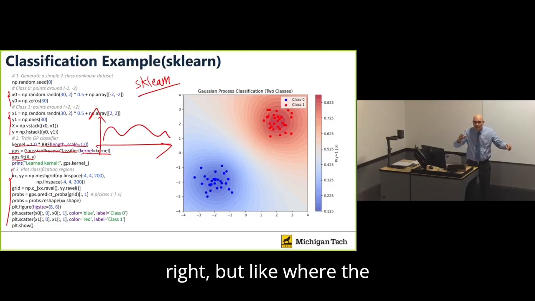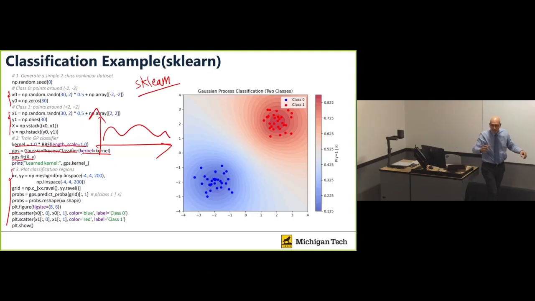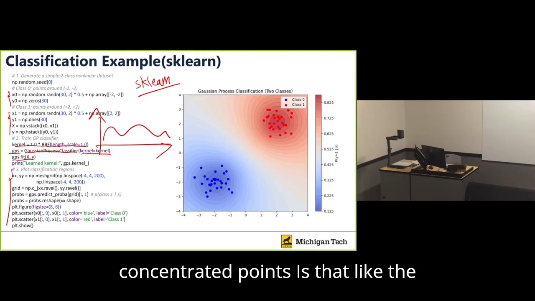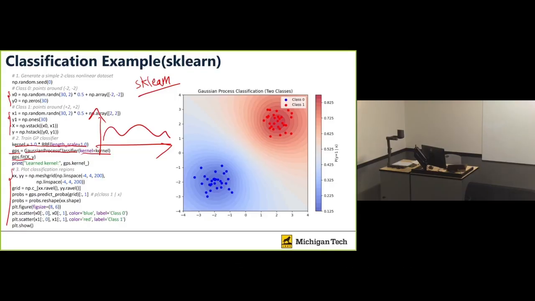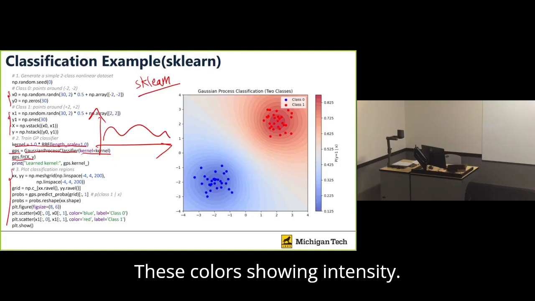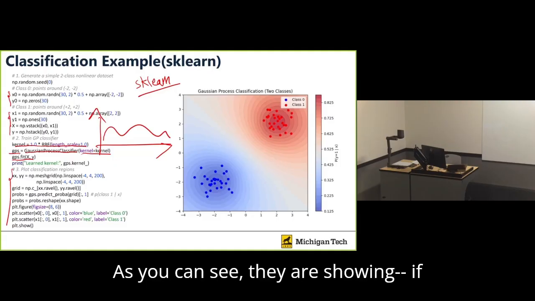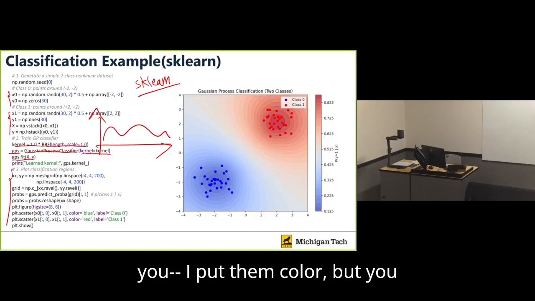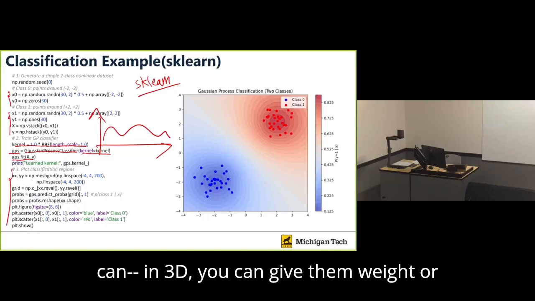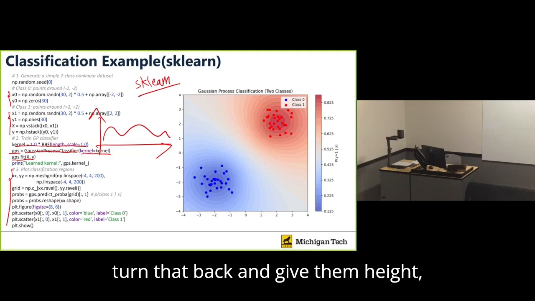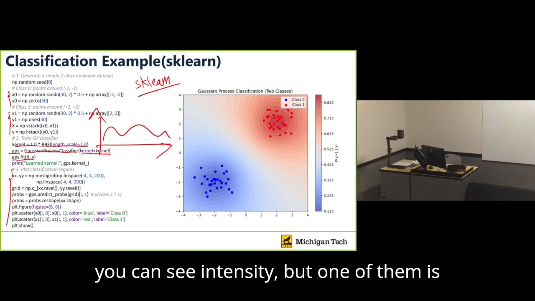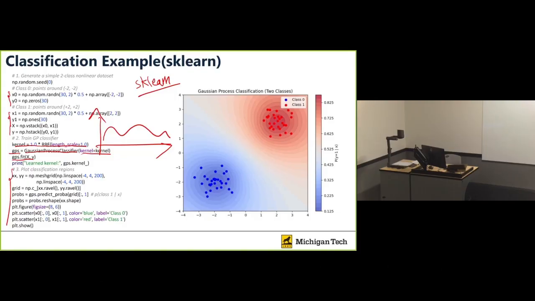Yes? I don't know if this is right, but is it where the concentrated points are, like the hump, the wave? Yes, kind of. These colors are showing intensity. I put them as color, but in 3D you can give them height. If you turn that back and give them height, you can see the intensity, but one of them is low because it's blue, and one of them is red.